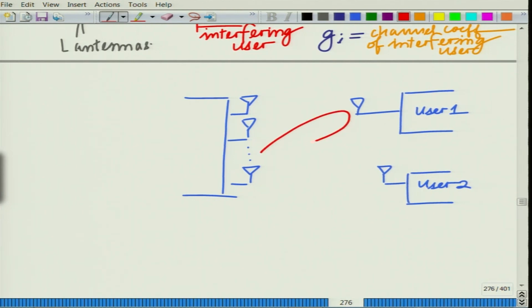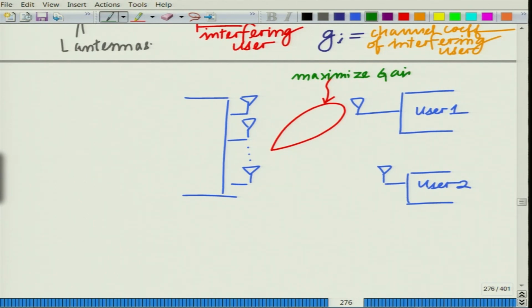We form a beam in the direction of the desired user, that is, you maximize the gain in the direction of the desired user, while in the direction of the interfering user there is no gain, that is gain equal to 0.